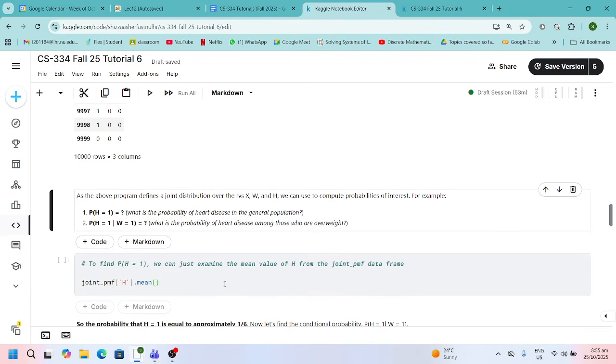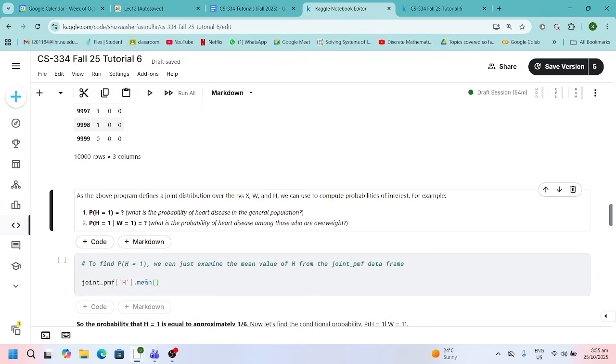So what do we have to find now? You have obtained a joint distribution over the random variables x, w, and h. Now we will compute some probabilities of interest that we had computed by hand in class. So the probability that h equals 1. What is the probability of heart disease in the general population?